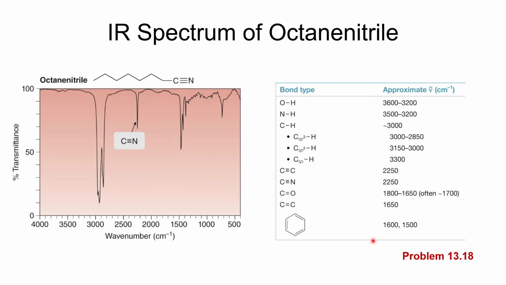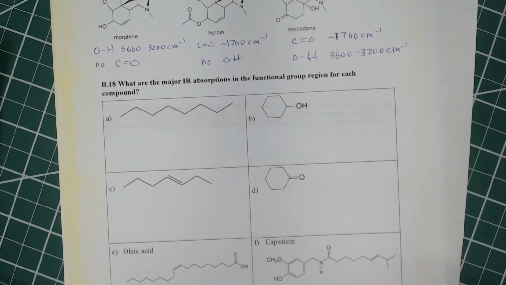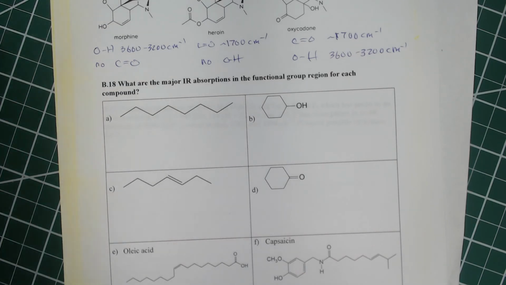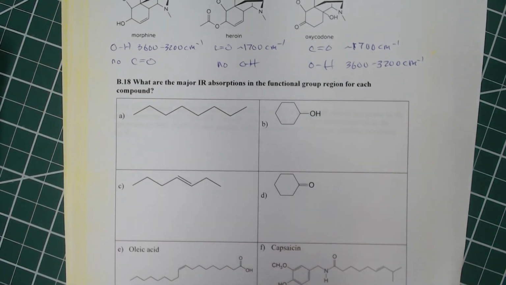So let's look at number 18. Switch over to 18 here. All right, so what are the major IR absorptions? We just want to identify which ones are going to be the prominent ones in the functional group region.